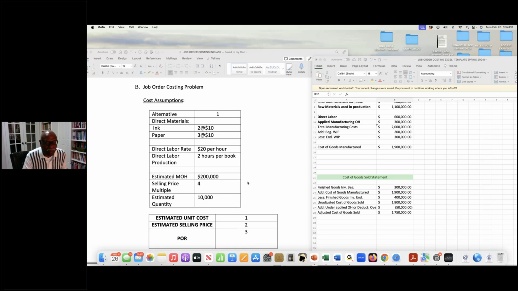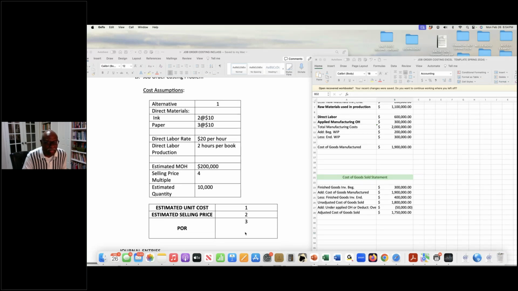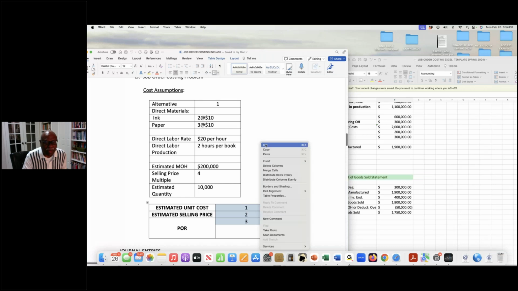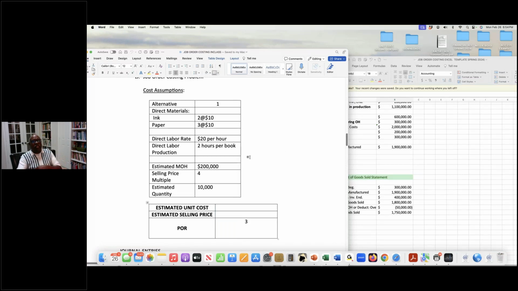Now, what I need for this problem is unit cost, selling price, and POR. With all your great knowledge now, calculate for me in this situation, unit cost, selling price, and POR.